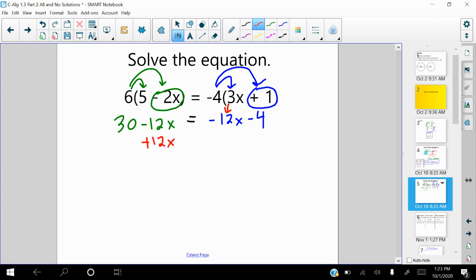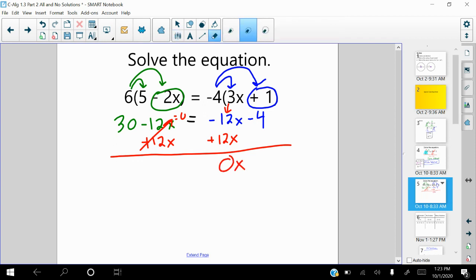If I add 12x, this now goes to 0, which is good. But now when I add 12x over here, well, this also goes to 0x. But again, we don't write 0x. We are just going to leave it as 0 or not even write anything. So this also goes to 0.